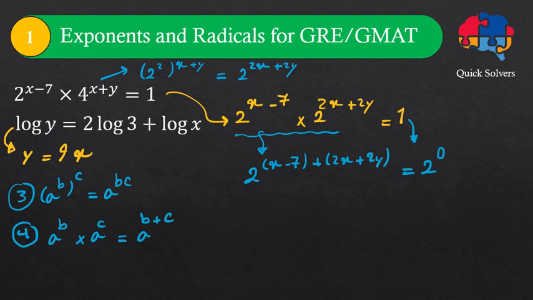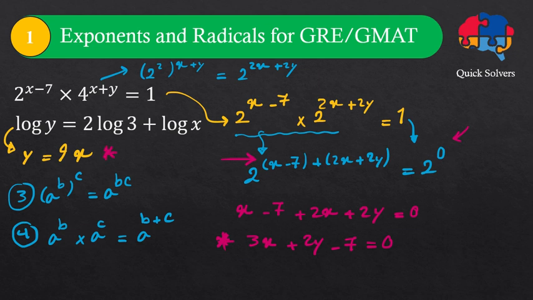Then the exponent here actually equals 0 because the bases are the same. So I can write x minus 7 plus 2 times x plus 2 times y equals 0. If I further simplify, 3 times x plus 2 times y minus 7 is 0.